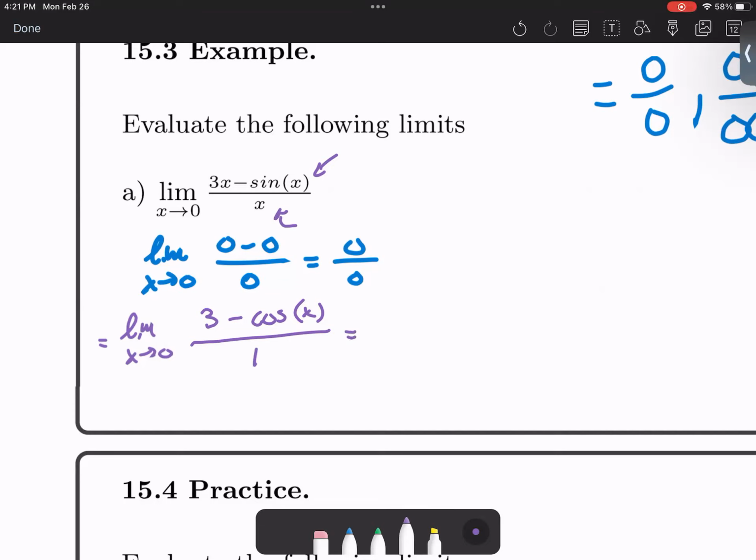Sending x to 0 now, we have 3 minus the cosine value at 0, which is 1. So 3 minus 1 is 2, 2 over 1 is 2. Because we were able to recover a limit, the application of L'Hopital's rule is valid, and the limit is equal to 2.